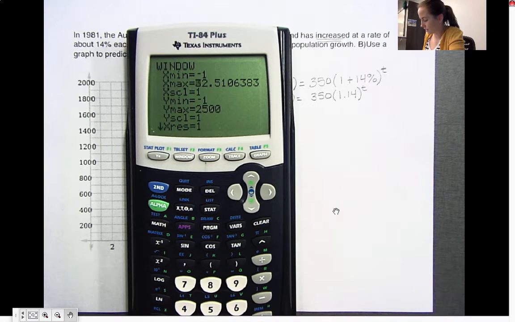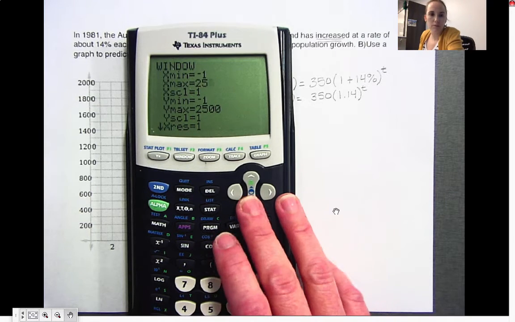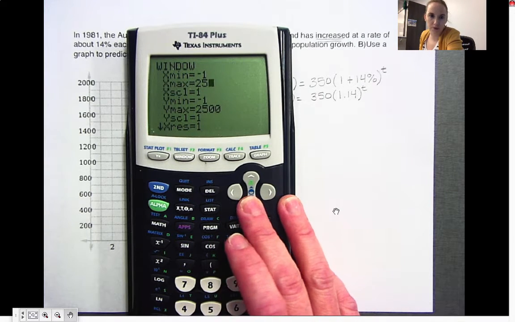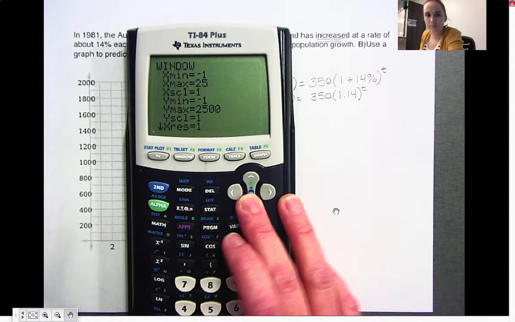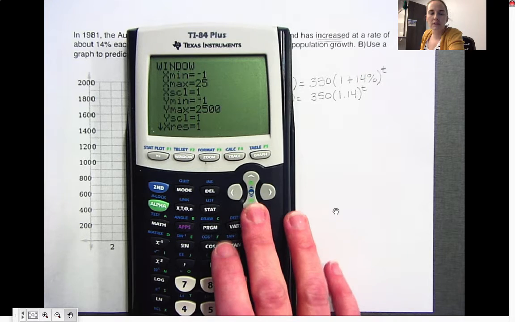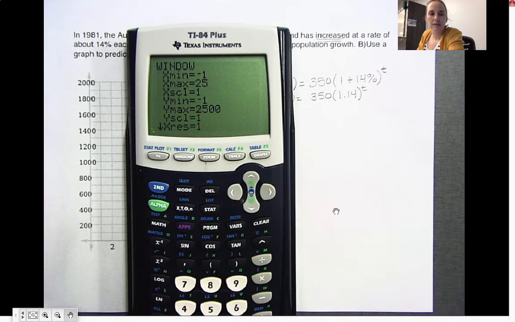I'm going to just start out at 25, so 25 years later is what I'm predicting at this moment. The y minimum, I'll leave at -1, and the y maximum I'll leave at 2,500, because I want to see when the population goes over or around 2,000, and 2,500 gives me a good enough window.